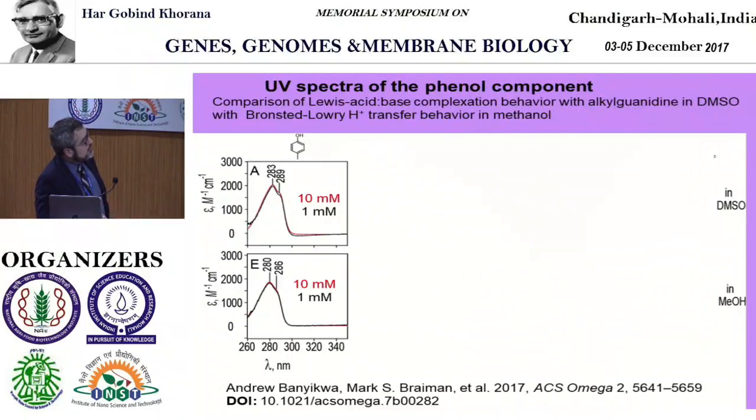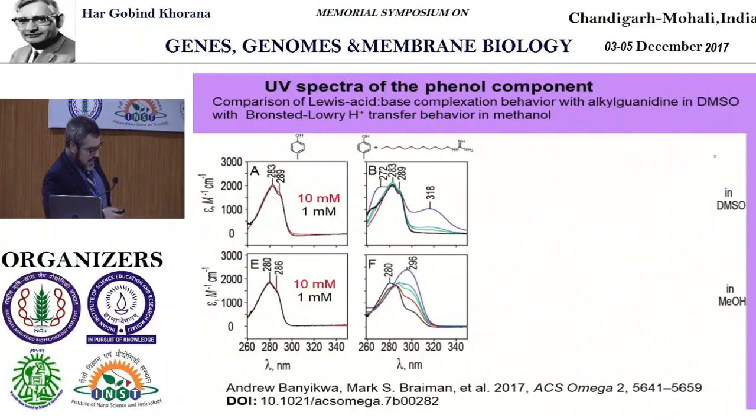I'm going to show you a row of changes as you add guanidine groups to this paracresol molecule. First of all, these are extinction coefficient spectra. Even though the concentration has gone up by a factor of 10 between the black and the red, the spectral band shape has remained the same.